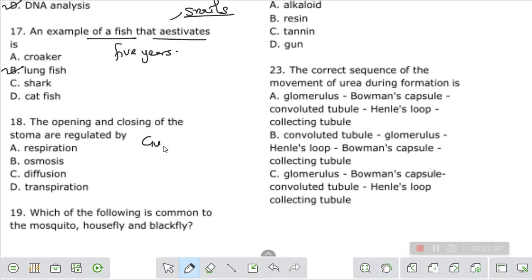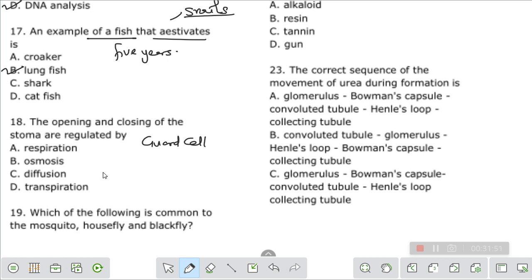So what's the answer? The answer is osmosis. It is osmosis that makes the guard cells open, so it is osmosis that helps us with it.